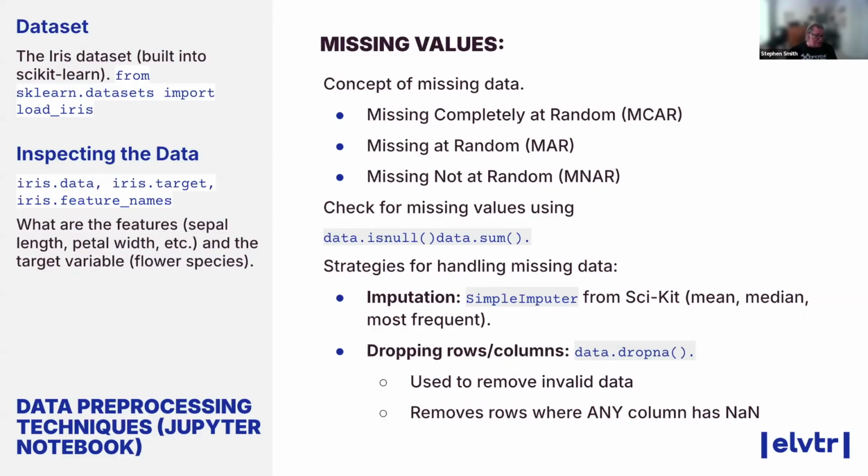Document why the data might be missing, even if you're just guessing. You got to choose the appropriate methods for dealing with that. You can do imputation or more sophisticated methods, but be very careful with how you do this. Test different strategies, and then again, consider domain knowledge, and this is all super important. We talked about feature engineering. Sometimes you might have to engineer a feature if you've got missing data to help deal with it. So think about all those things.